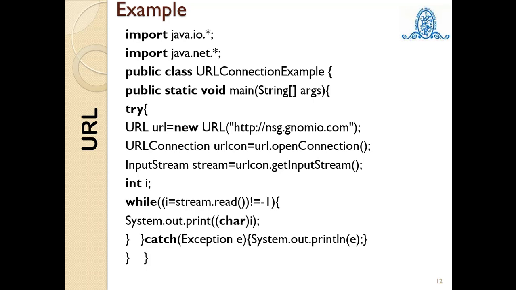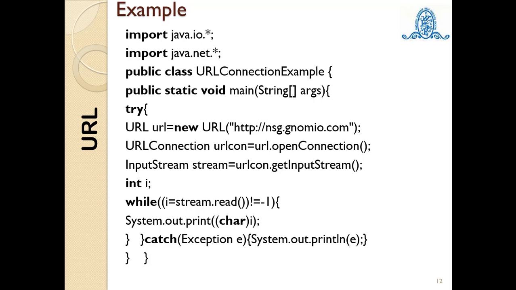Once the connection is created, we can create an input stream object so that we can read the data from that input stream. To create it, use the getInputStream method as InputStream stream = URL_con.getInputStream. Then read the data from the stream.